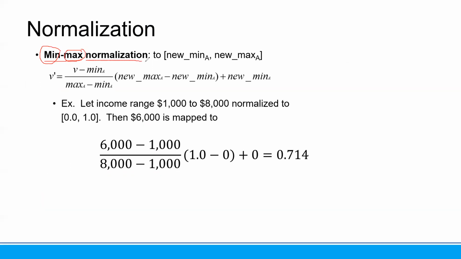We want to normalize the value into a new minimum and a new maximum, so we use this symbol to represent the new minimum and the new maximum. Usually, we can have the new minimum as 0 and the new maximum as 1. So this is the common normalization.